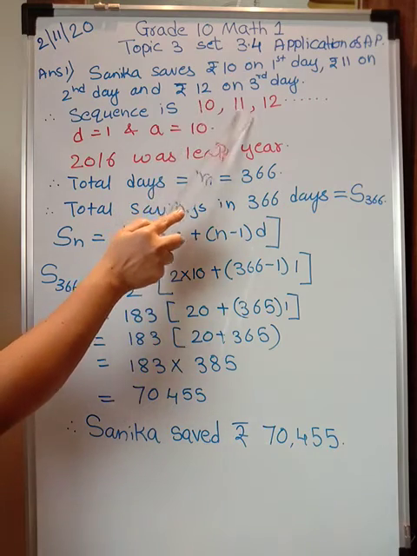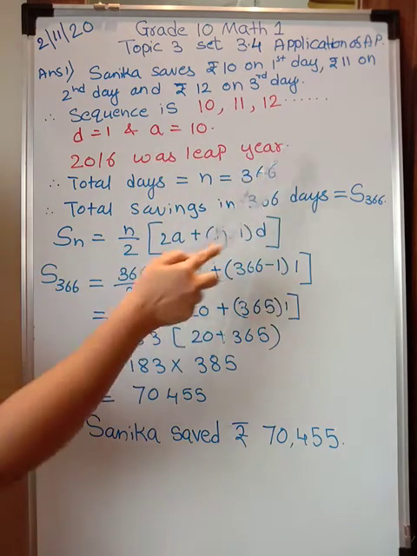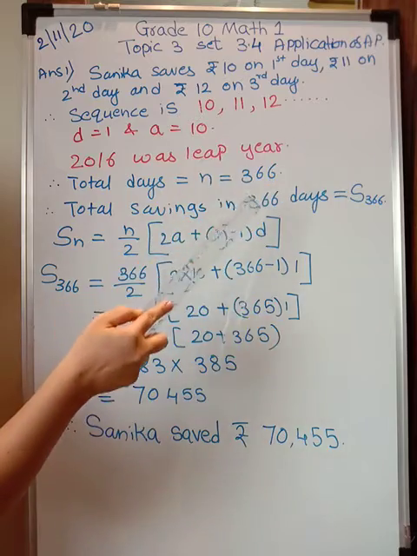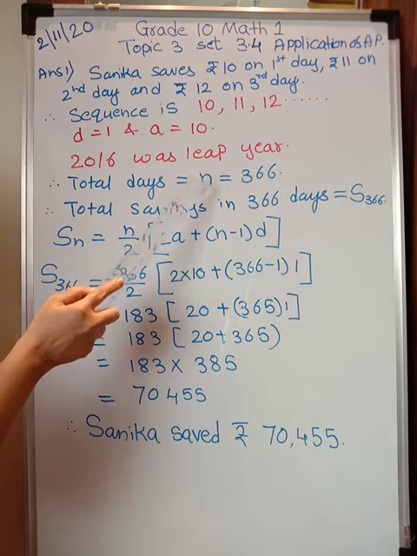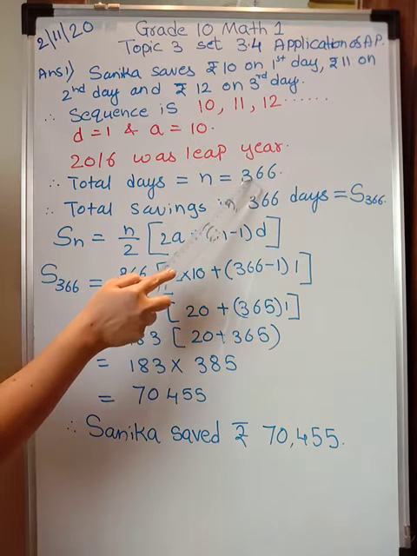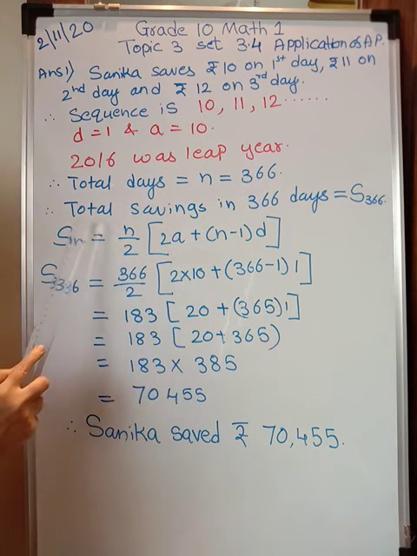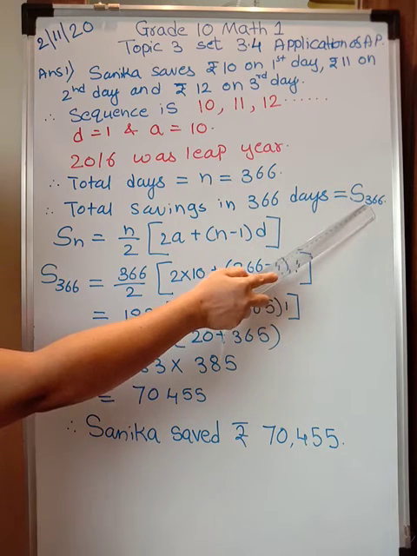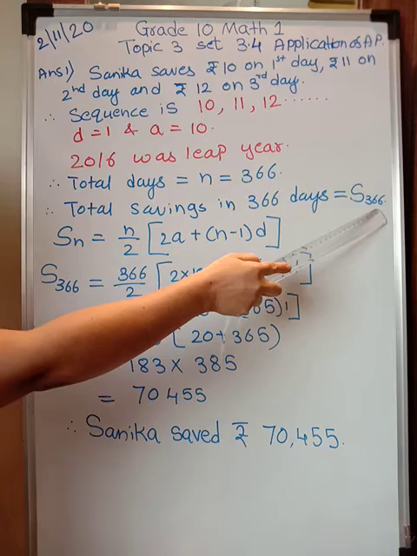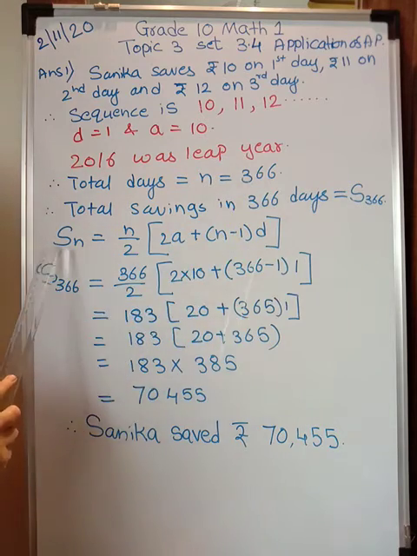See, first day, second day, third day, like this, 366 days will be there. So the number of terms will be 366 and therefore n will be equal to 366. So total savings in 366 days is the sum of n, that is 366 days, isn't it? So what is the sum of all the terms?